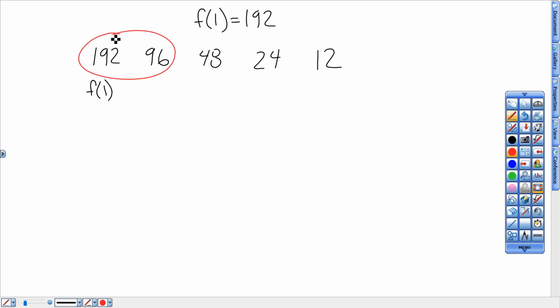But if I look at my smaller numbers, I could see that this is being divided by 2, being divided by 2. But remember, we don't show it that way.